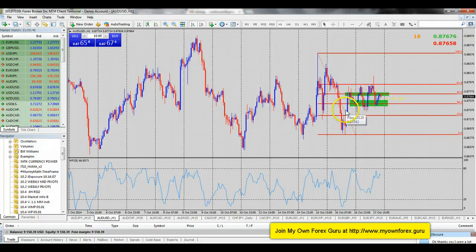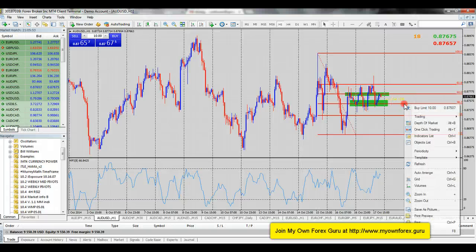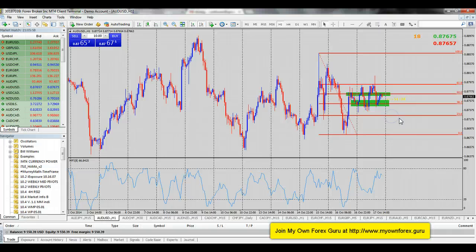So if you have a price correction up to 50, one thing that a lot of traders do is that they start setting sell stops at 38.2, 23.6, and at 0.